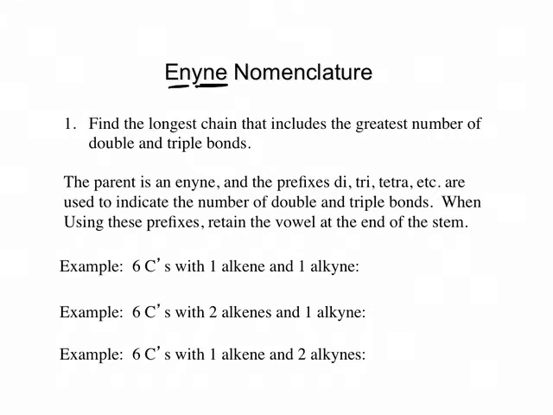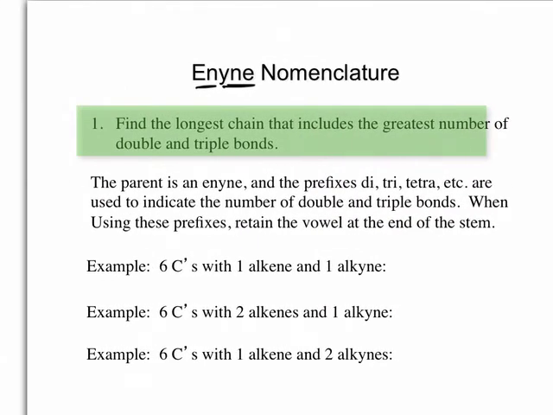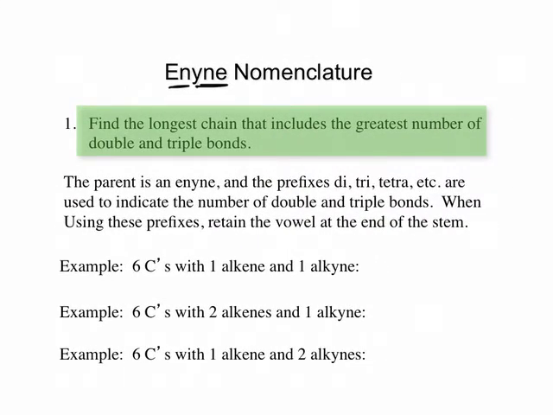What you're going to do in that case is find the longest chain in the molecule that contains the greatest number of double and triple bonds. We want to try to get as many in there as we can. The parent is called an enyne. And what we'll do to show how many double and triple bonds we have is use di, tri, tetra, etc.